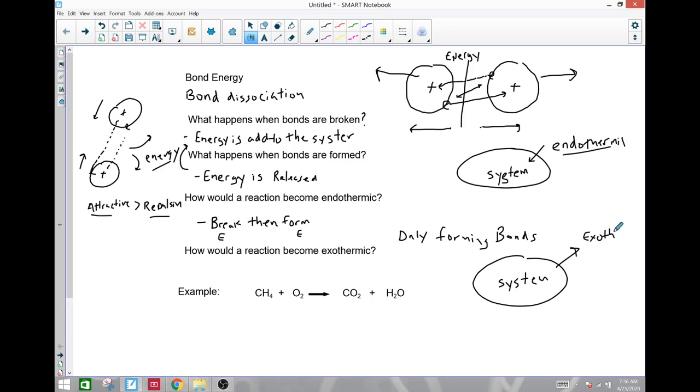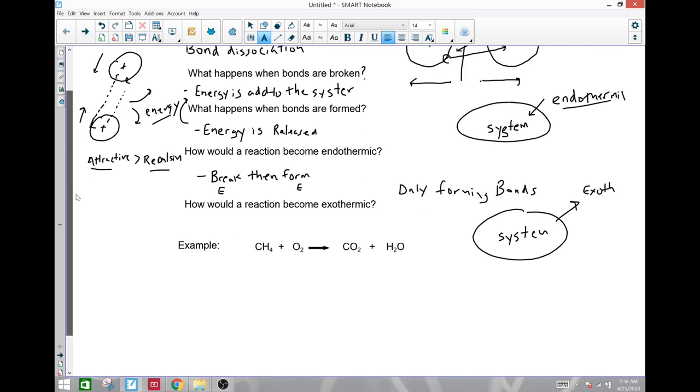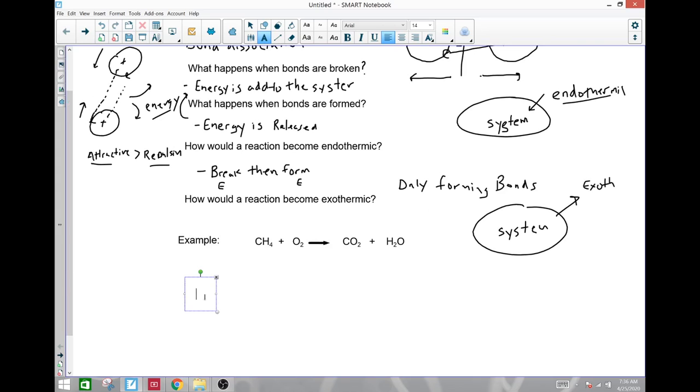So the question is, is there some sort of middle ground between bonds broken and bonds formed? If you have a reaction that breaks bonds and forms bonds, reactions can both break and form bonds, right?